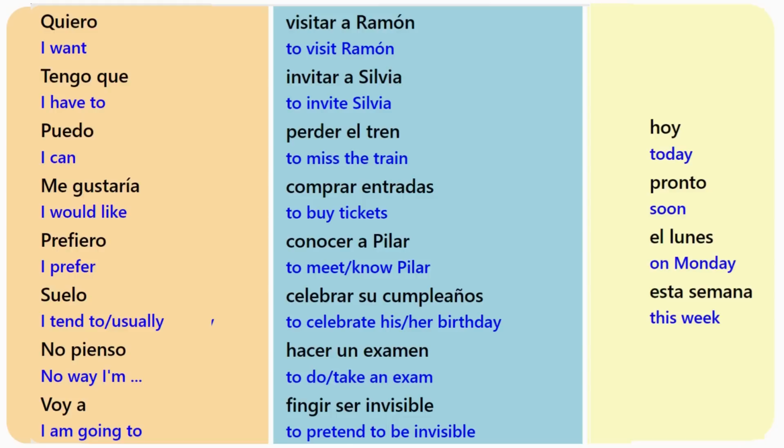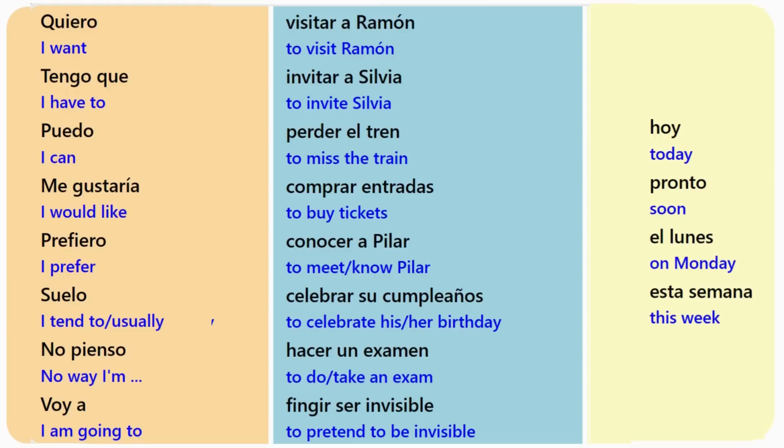No pienso. This is just an interesting one. Pienso is I think. No pienso, I don't think. But it's used as an expression here to mean no way. No way am I doing this. So no pienso visitar a Ramon.